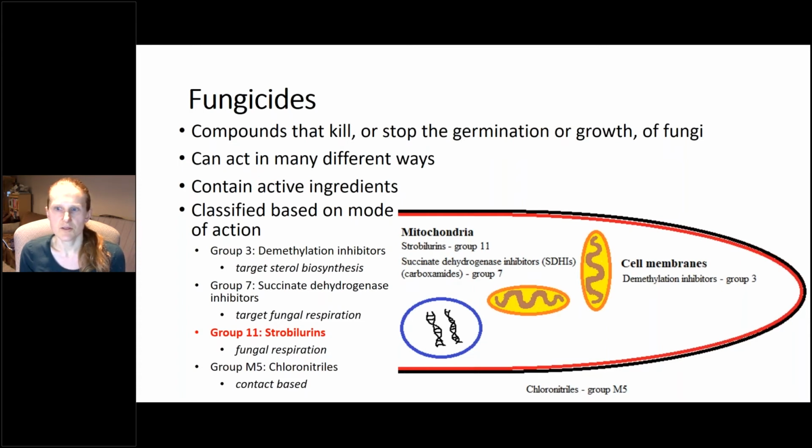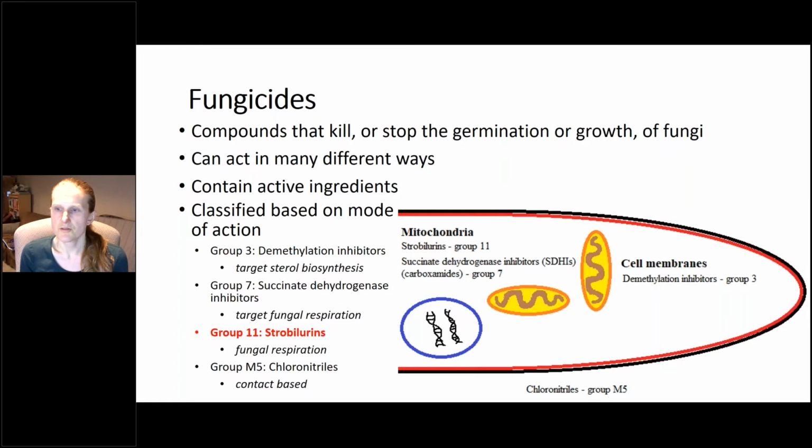And so the active ingredients that we're interested in the context of Anthracnose are most importantly group 11s or strobilurins, and then to a lesser extent group 3, which are demethylation inhibitors, or group 7, succinate dehydrogenase inhibitors, and then contact-based actives.